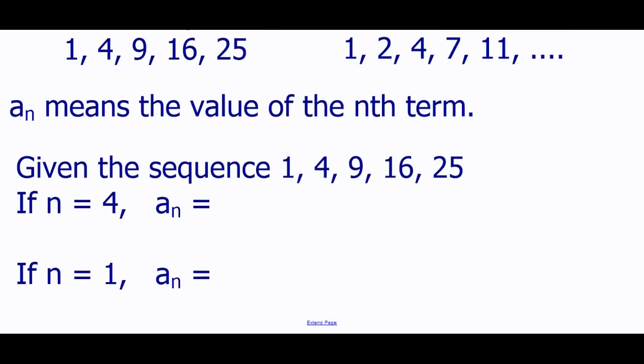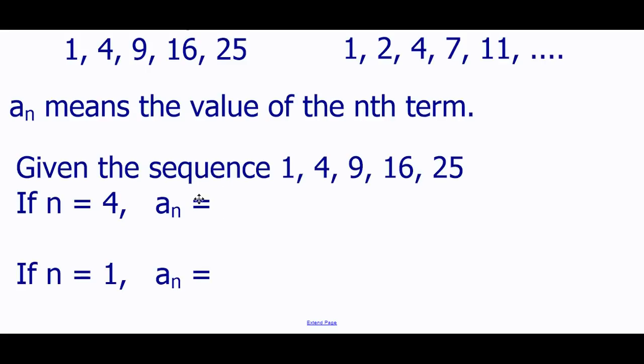Now, a sub n here simply means the value of the nth term. n comes from natural numbers, at least that's where we're defining it from, and those are our counters. So the first term, a sub 1, would be our first one, and then a sub 2, and so on, would count which term it is in the sequence. For example, here I have the sequence 1, 4, 9, 16, 25.